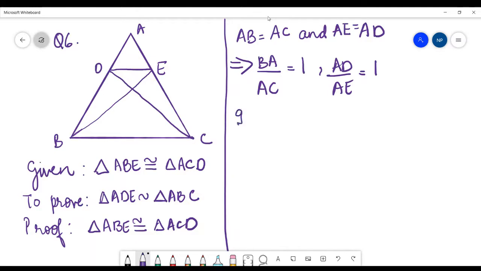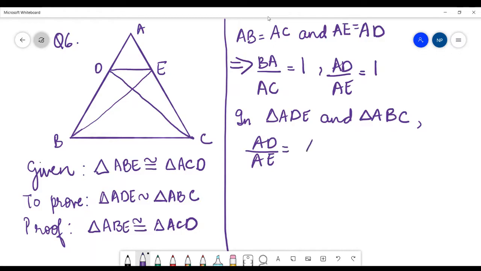Now next we are going to talk about triangle ADE and triangle ABC. In triangle ADE and triangle ABC, we have AD upon AE is equal to AB upon AC, right? If you see this part, both the ratios, AB upon AC equals 1 and AD upon AE equals 1.